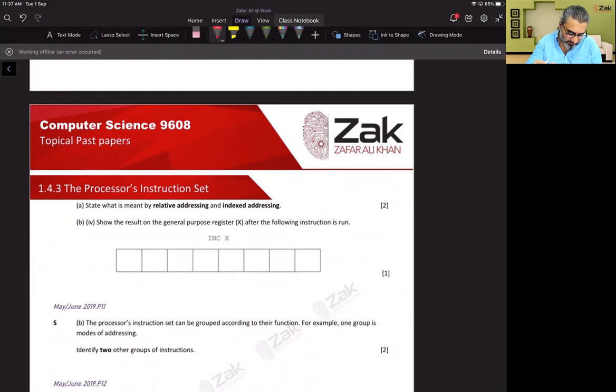Show the result in the general purpose register X after the following instruction is run. The content of the register X will be increased by 1.